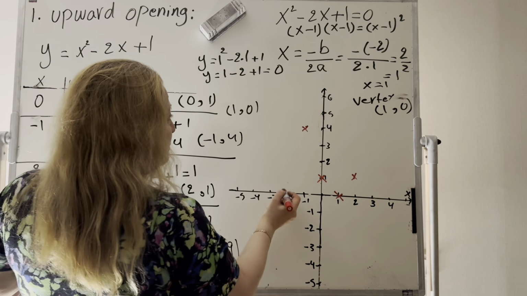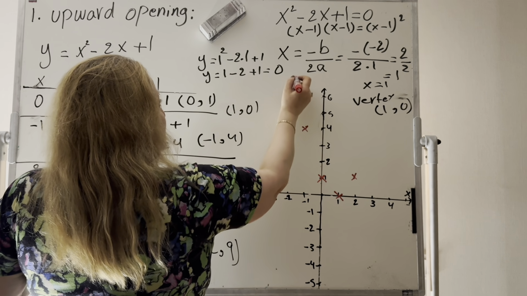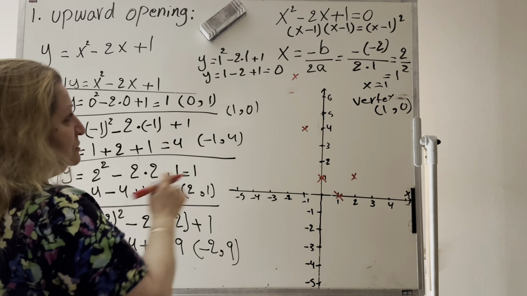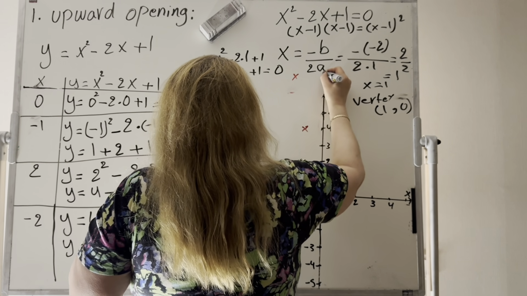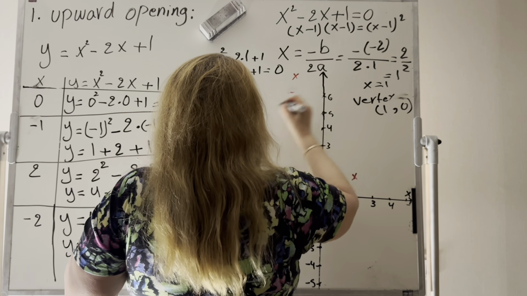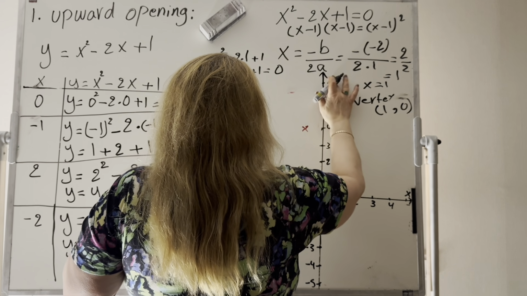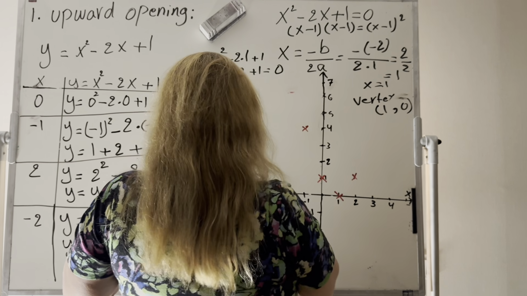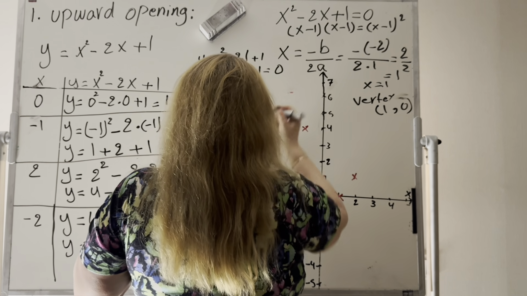When x equals minus 2, y equals 9, so on the axis this is 7, and 8, 9, so it will be higher, maybe here.